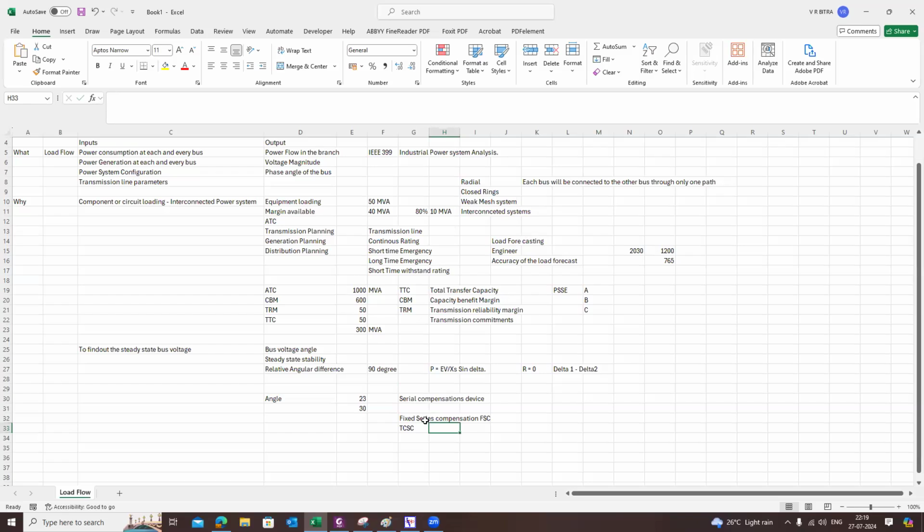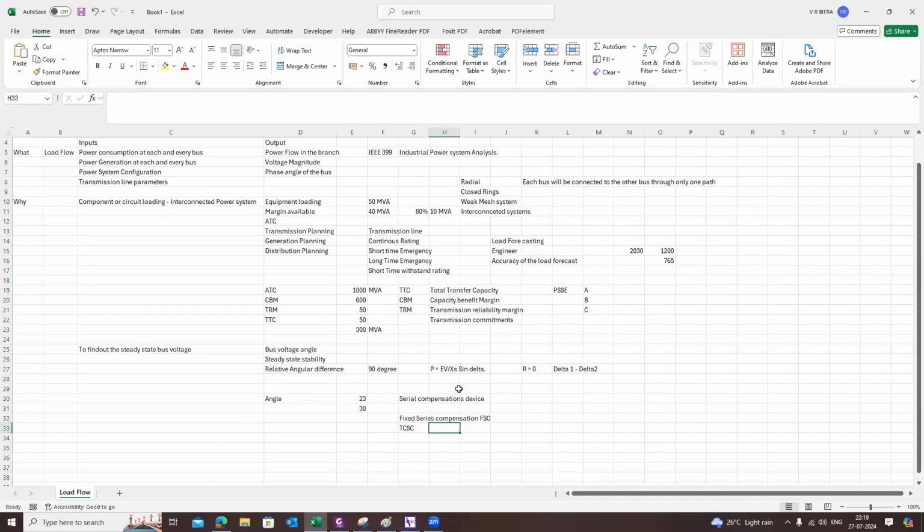That also comes under transmission planning, whether you have a third transmission line to carry the additional power, or you use fixed series compensation to increase the power capacity, or thyristor controlled series compensation as well.